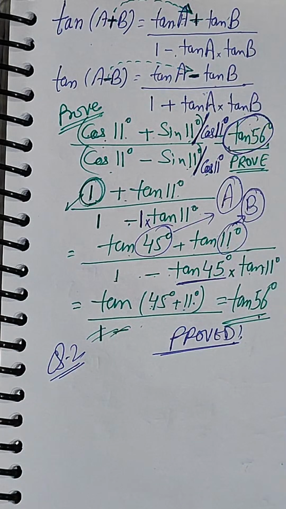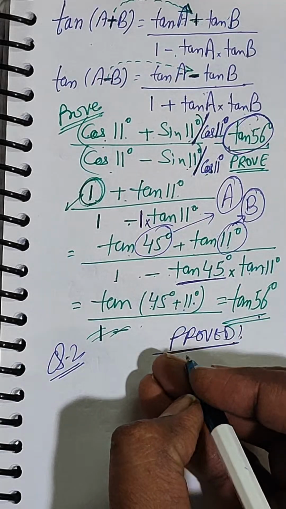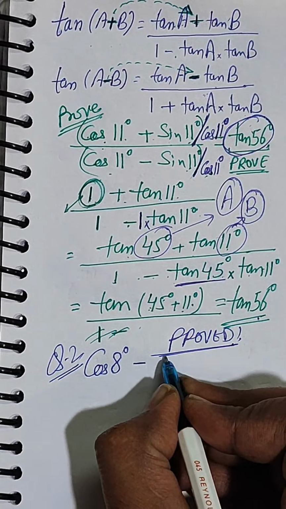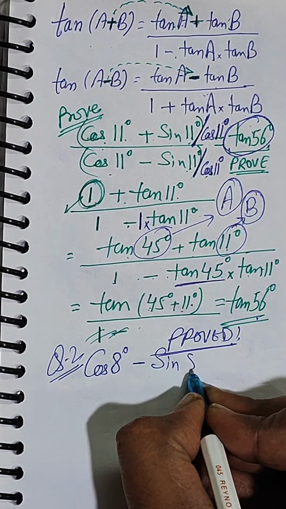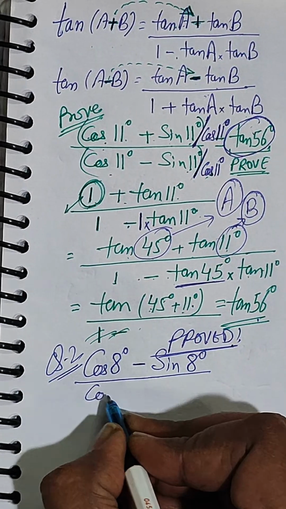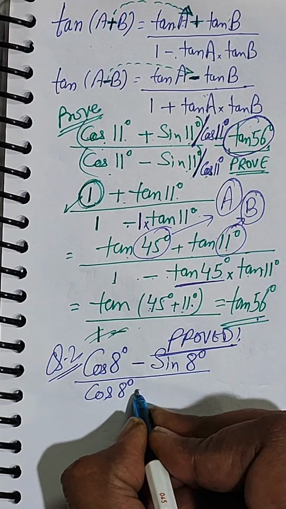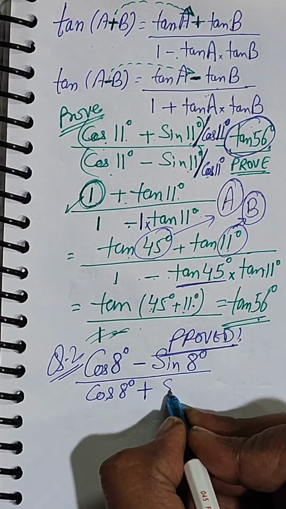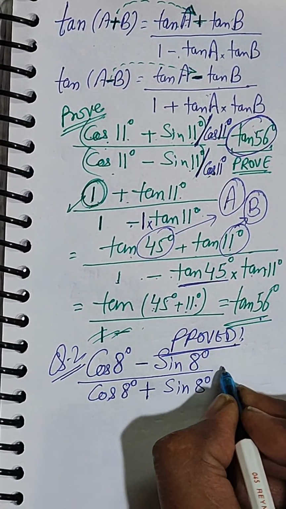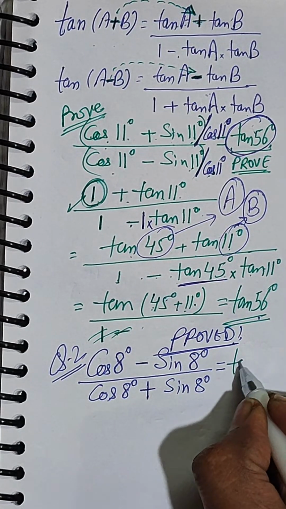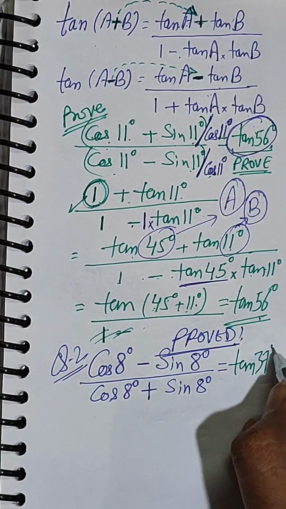So the question is: cos 8 degree minus sine of 8 degree divided by cos 8 degree plus sine of 8 degree. You can see the symmetry. This needs to be proved, and this should be equal to tan of 37.